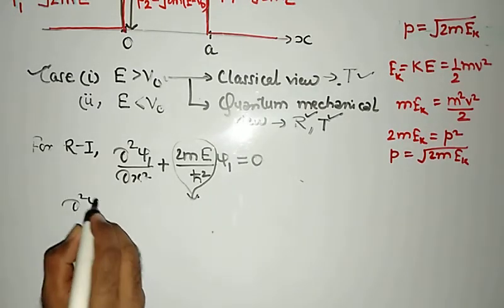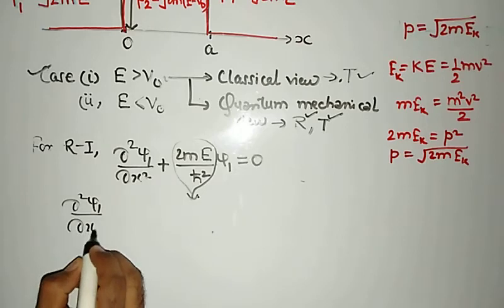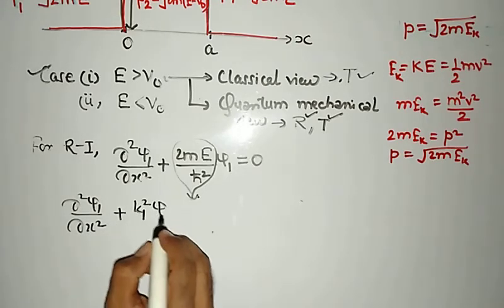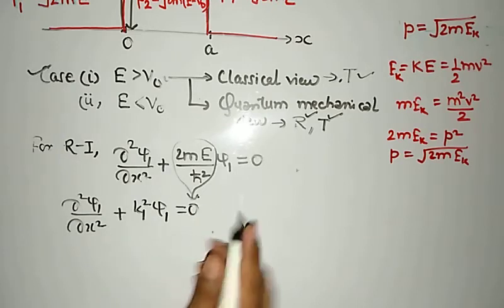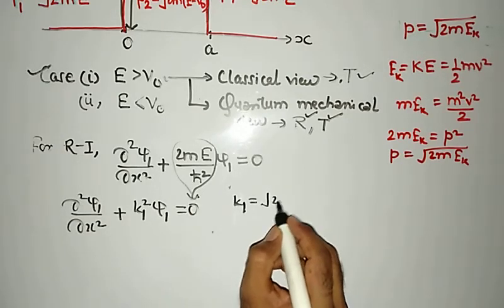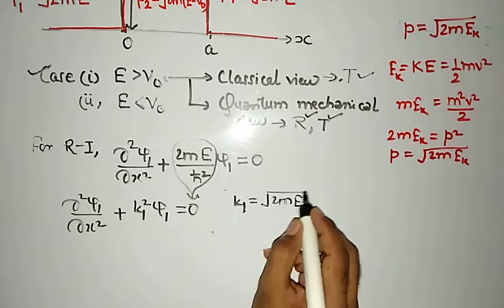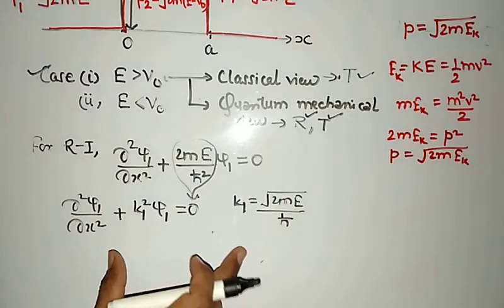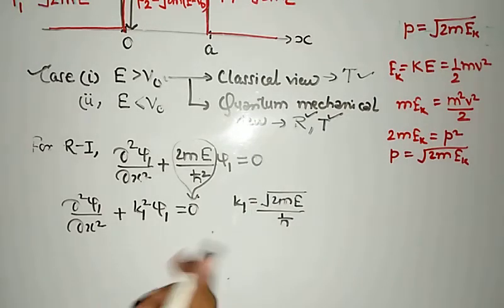So del square psi 1 upon del x square plus k1 square psi 1 is equal to 0. What is k1? This is under root 2mE upon h cut.